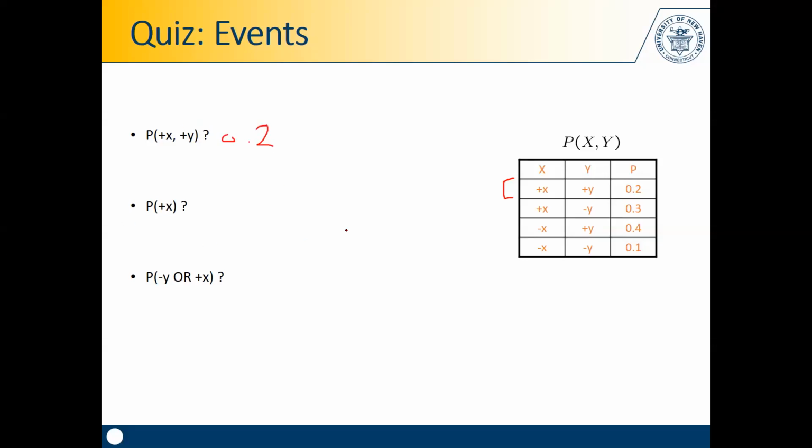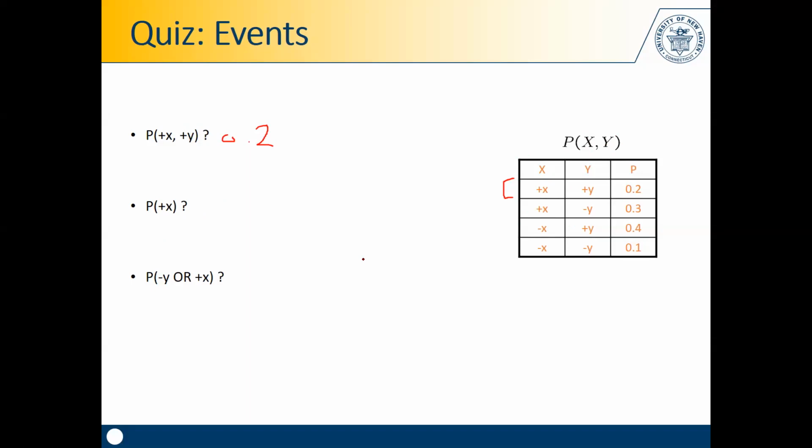What about the probability of the event plus X? We are assuming that X and Y are binary variables. They can either be true or false. Plus X means X is true. Minus X means X is not true. And the same goes for Y. What's the probability of plus X? Can anybody tell me?